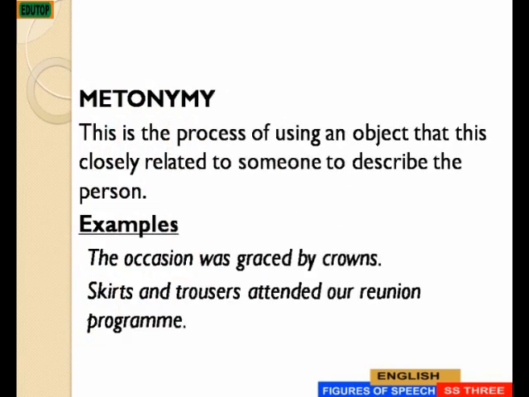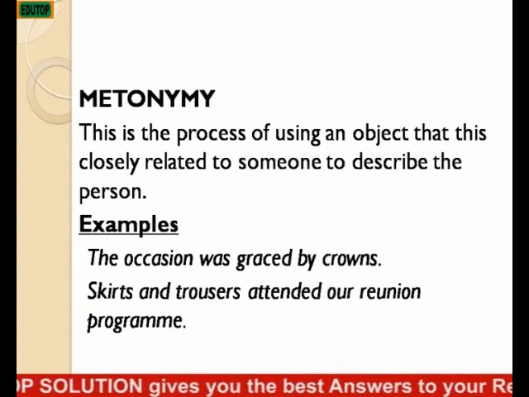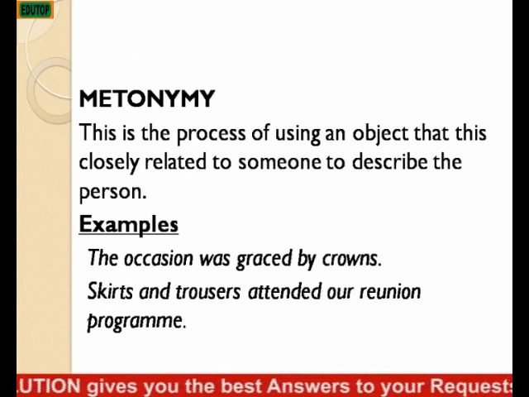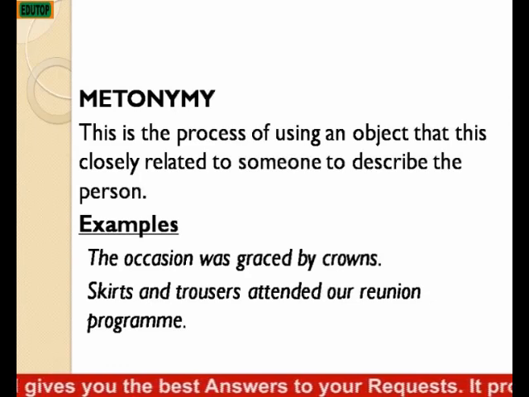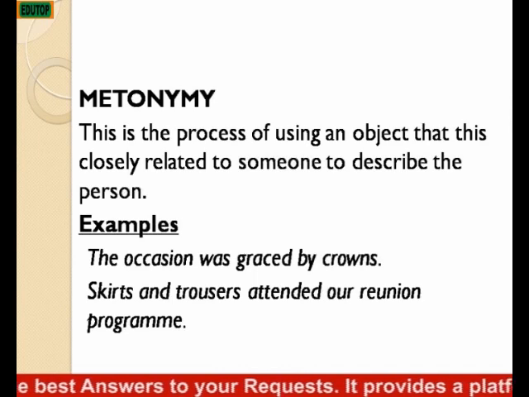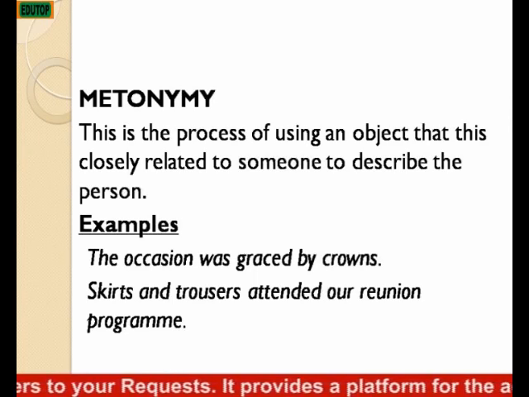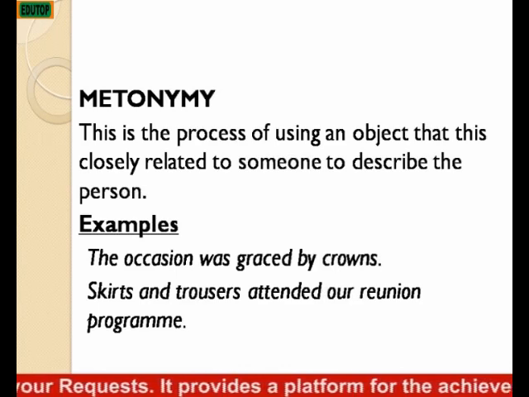Metonymy. Metonymy is used when an object that is closely related to someone is used to describe the person. So in occasions where you have expressions wherein an object or a term that is closely related to something or someone is used to describe the person or object, we refer to it as a metonymy.